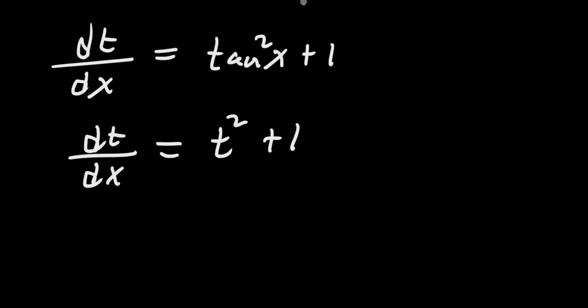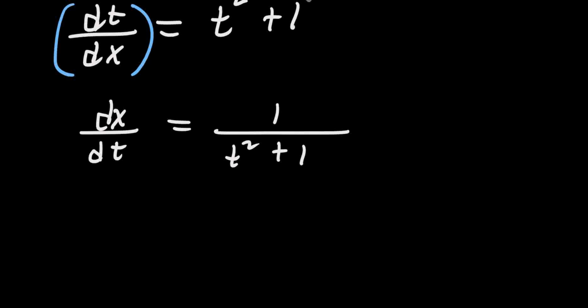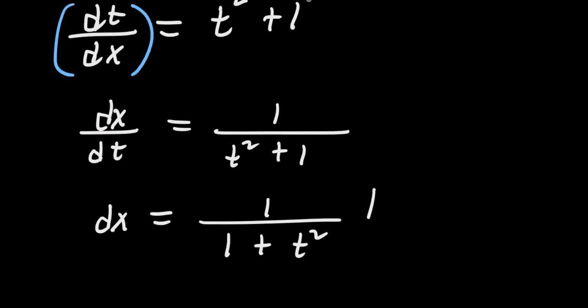And if we take the reciprocal of this, then we are going to have dX over dT equal to 1 over T squared plus 1. Multiply both sides by dT, and then dX will be equal to 1 over 1 plus T squared dT.